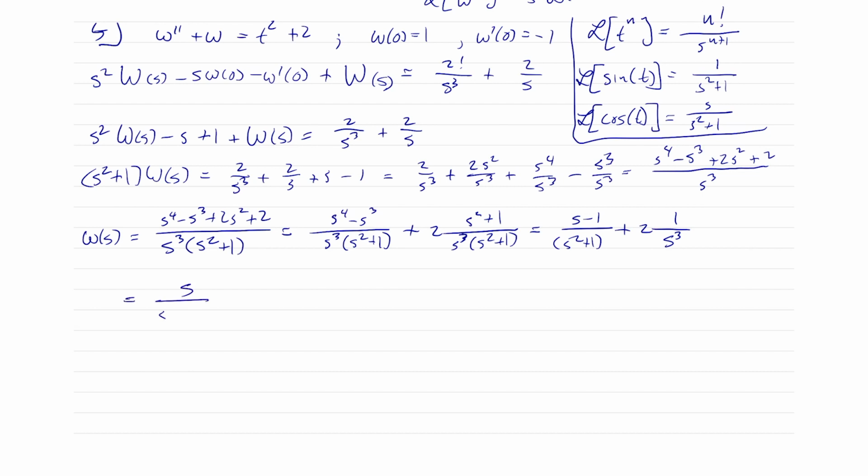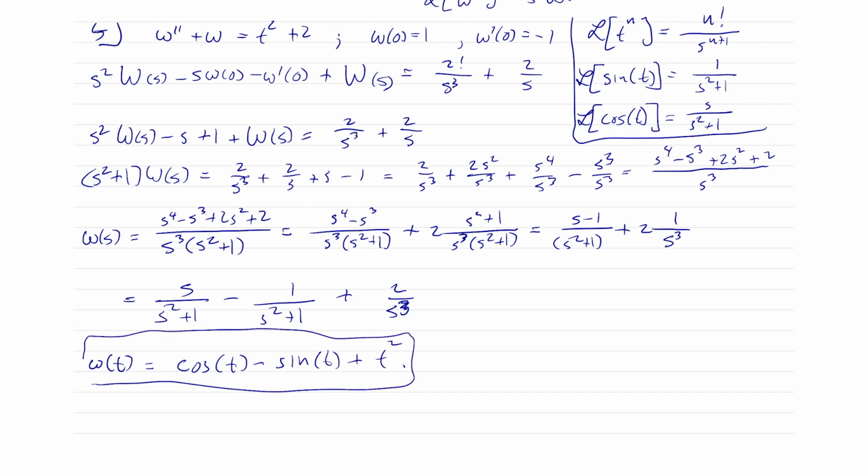We get s over s squared plus 1, minus 1 over s squared plus 1, plus 2 over s cubed, and so then changing from capital W of s to little w of t, we get cosine of t minus sine of t plus t squared. Okay, cool. Piece cake.